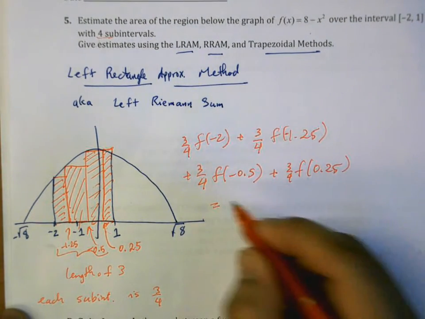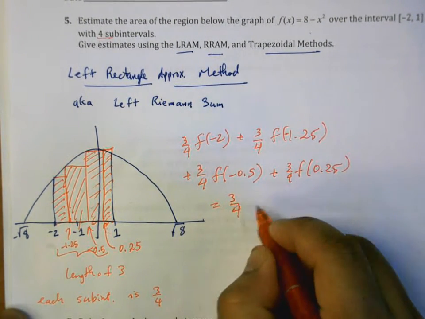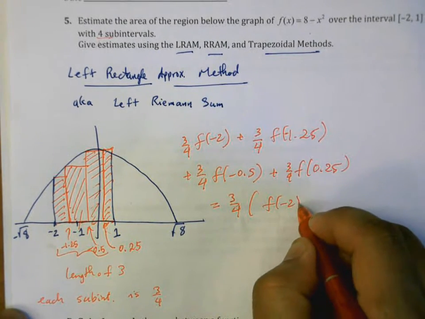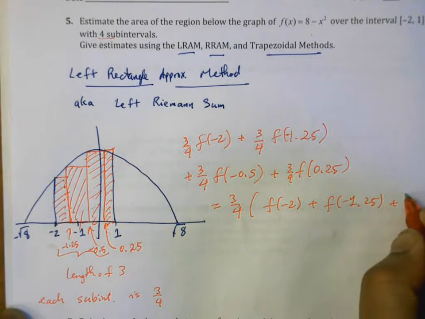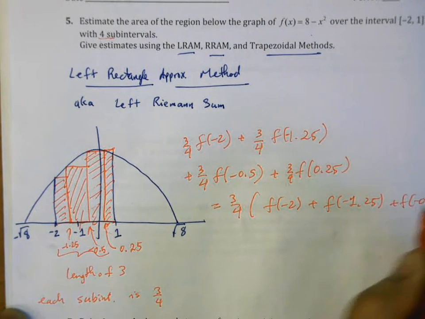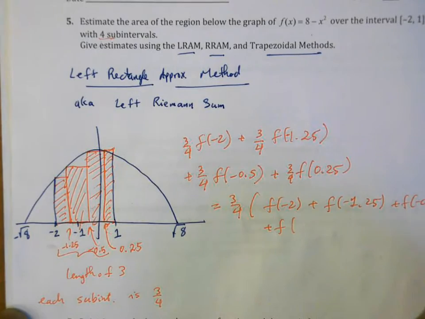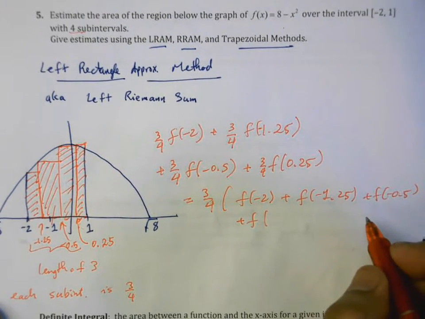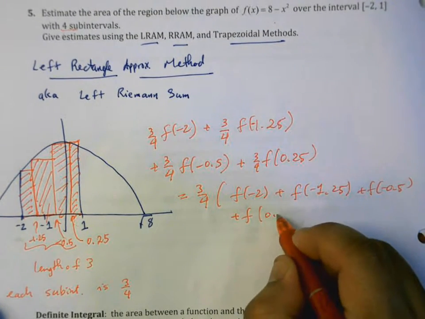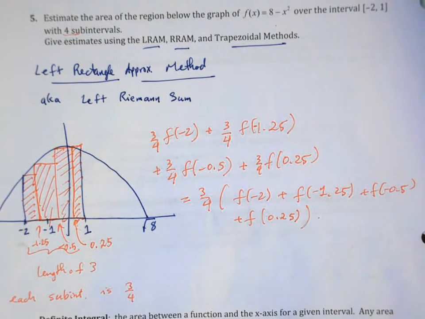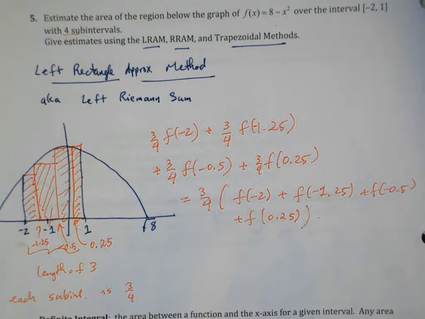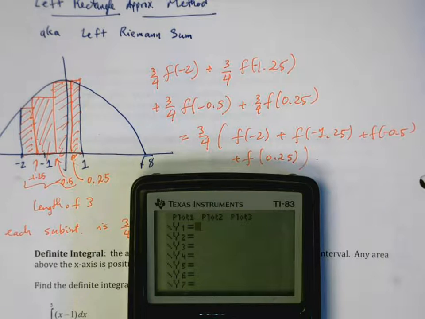Okay. So it's a little bit tedious, but we can factor out 3/4, and then we can just add up what the rest of these numbers are. And I'm going to show you a quick little trick on your calculator that will allow you to do this faster.